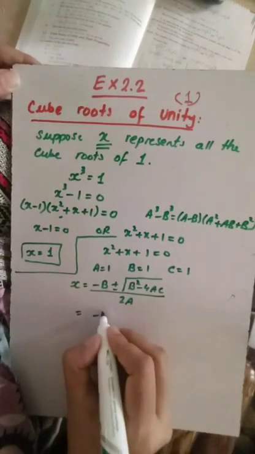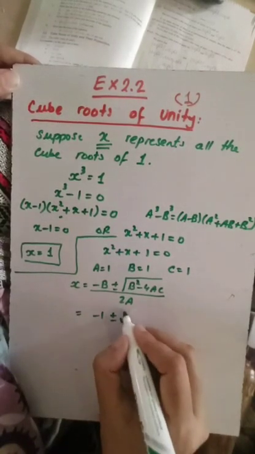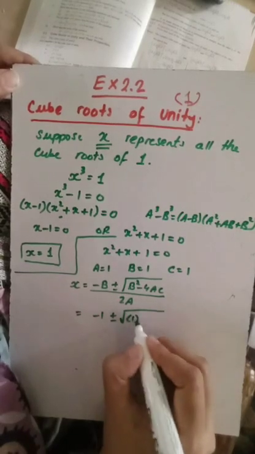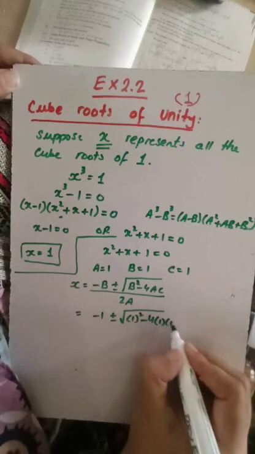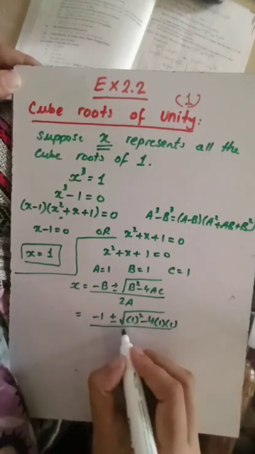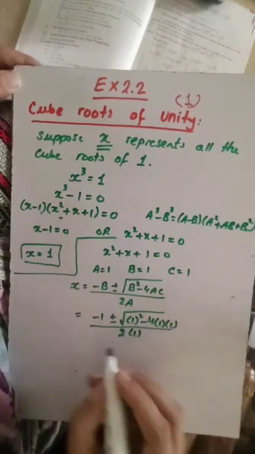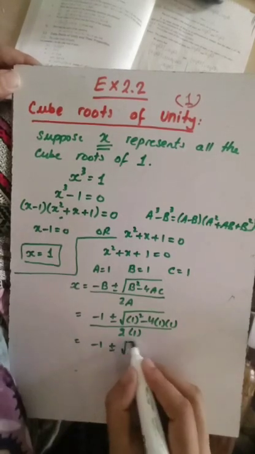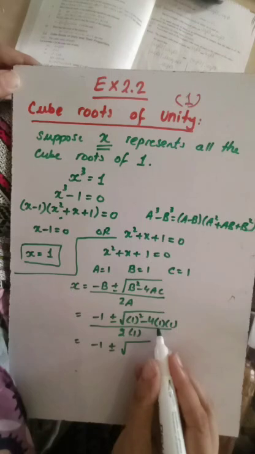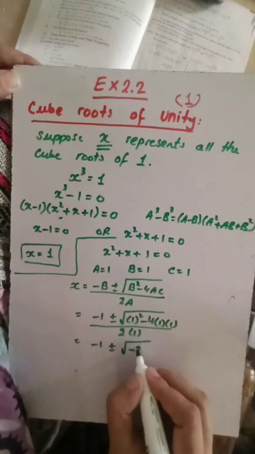So negative 1 plus minus under root 1 square minus 4 into 1 into 1, over twice of 1. Now solving this, under the root we have 1 minus 4, which will be negative 3.